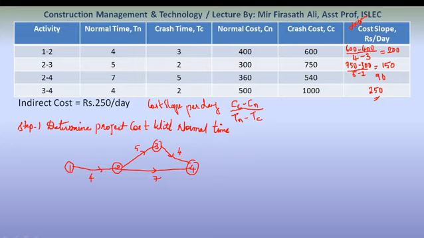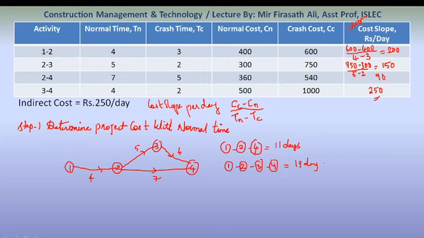Path 1, 2, 4 takes 4 plus 7, 11 days. Now activity 1 to 2, 2 to 3, 3 to 4 takes 13 days.